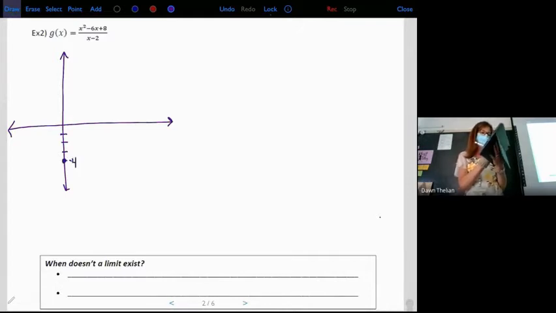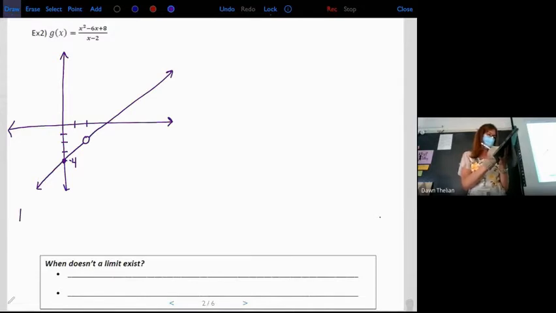And then the slope went up 1 over 1, up 1 over 1. And really at 2, -2, we would have to draw an open dot to say that this function does not exist at x equals 2, because we can't have 0 in the denominator.